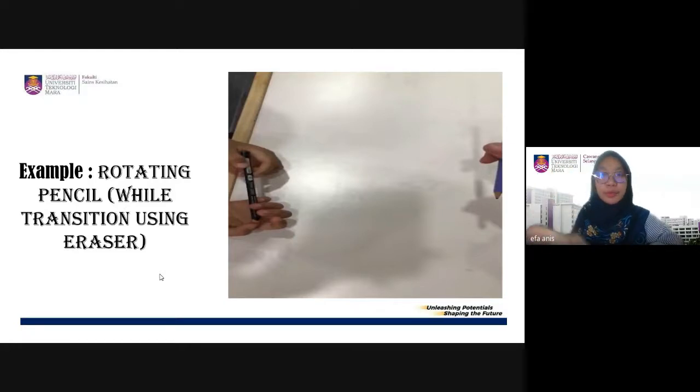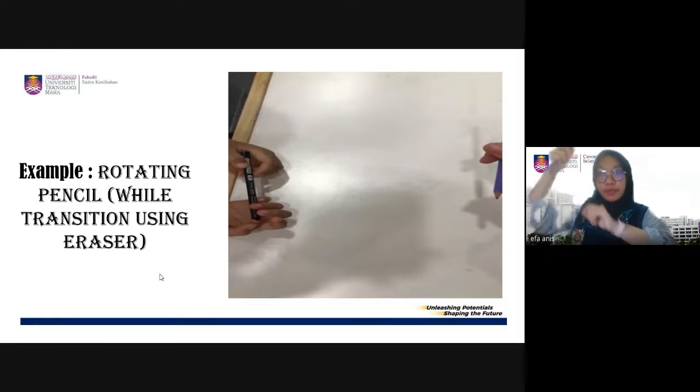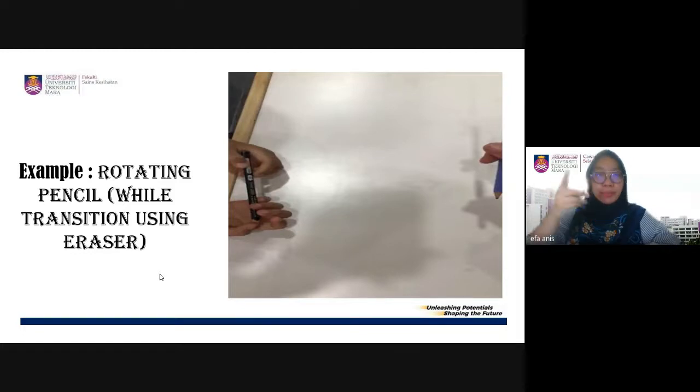Ataupun dia translate from the fingertips to the palm and then pegang eraser. Actually that's the skills yang kita nak tengok lah. Kita nak tengok translation skills. Translation skills ni example, you selak buku, you masukkan coin daripada paman ke dalam vending machine. Kita nak tengok skills tu sebenarnya. And you macam kalau you tak sempat, you boleh je buat macam ni. You macam okay cuba awak pusingkan pensel, teacher nak tengok.